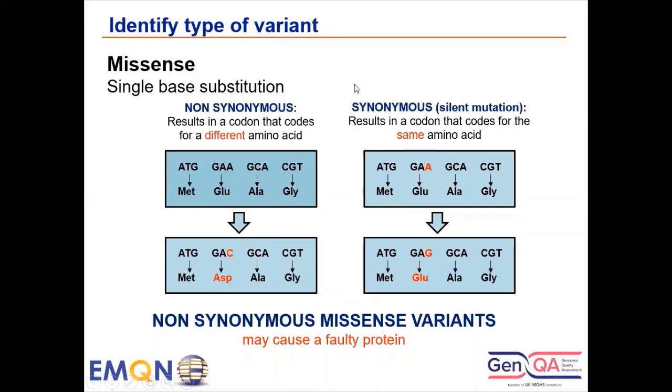Or you can have synonymous variants that are silent mutations that result in a codon that codes for the same amino acid. So here you see the same sequence where the A is substituted by a G, and in that case the amino acid remains the same.